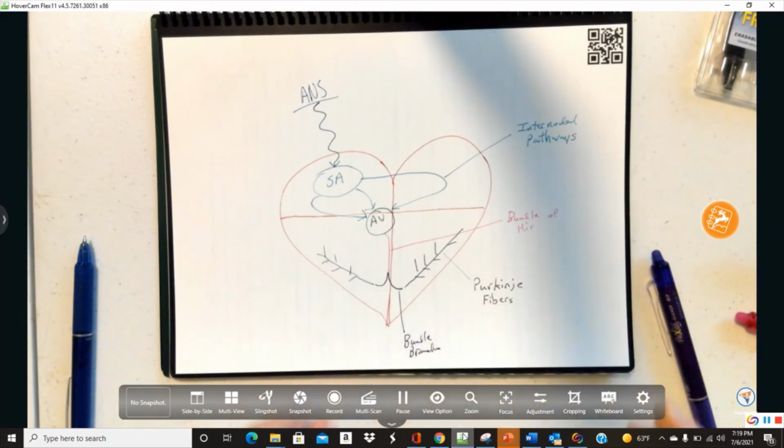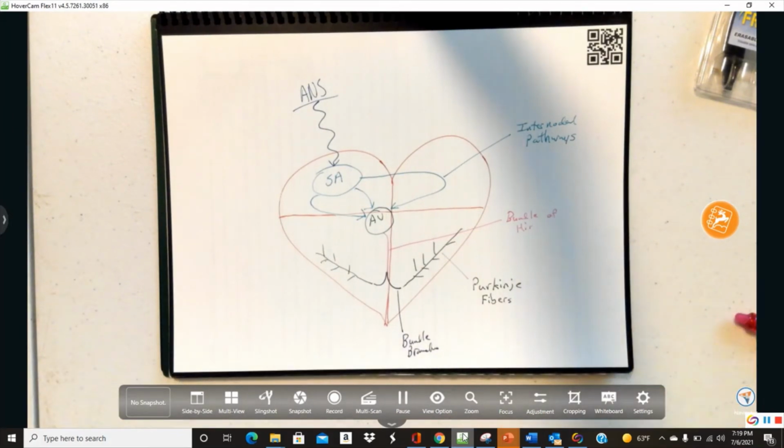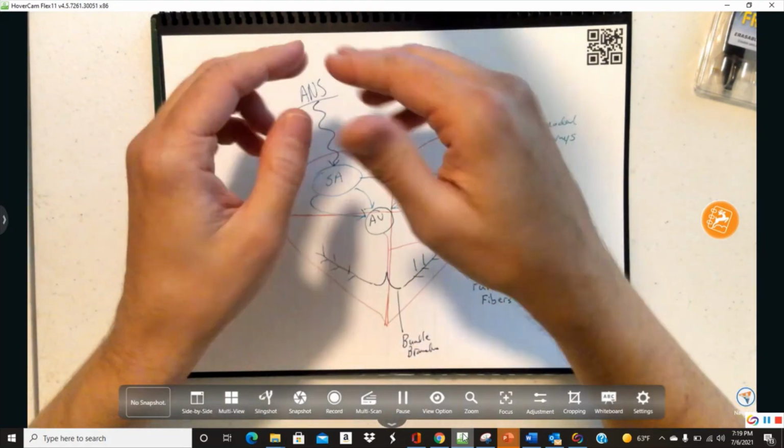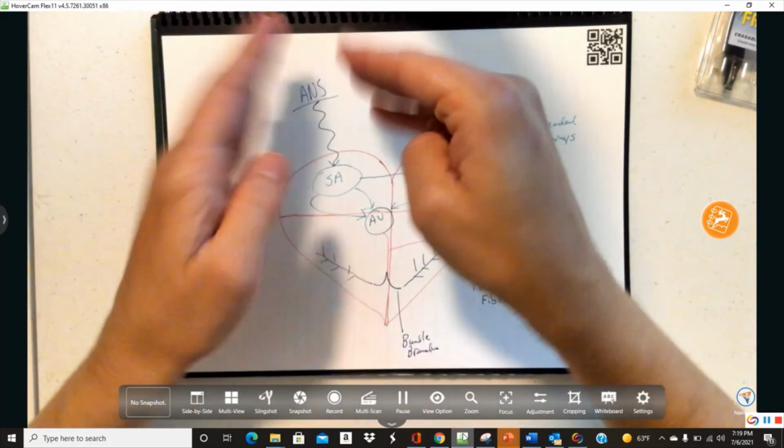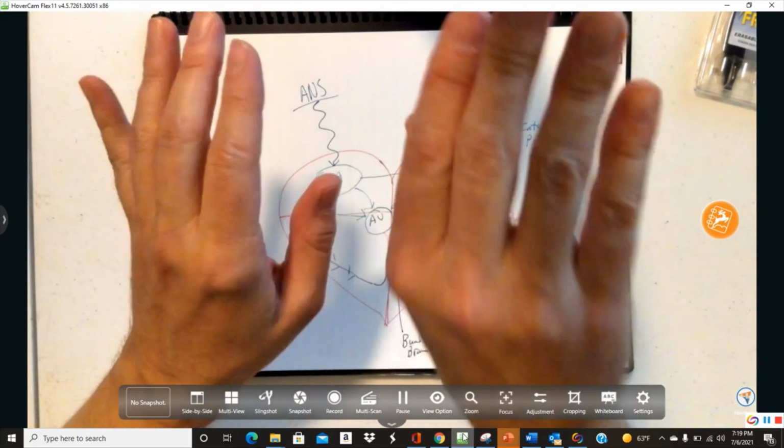Purkinje fibers. Okay. There's a handful of ways you might think of this. I always like to think the ANS is going to be the conductor, and the conductor's setting how we are going to play the piece.